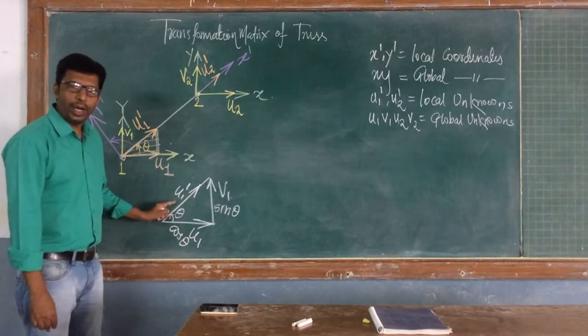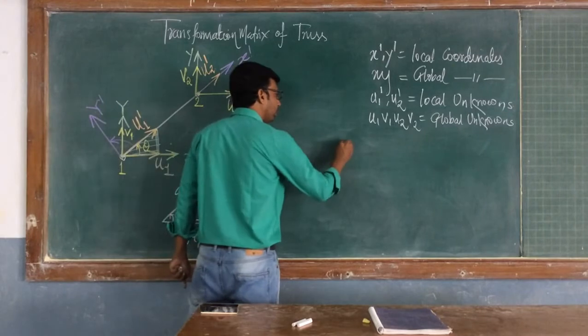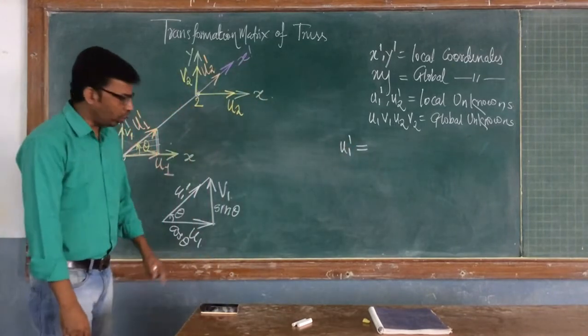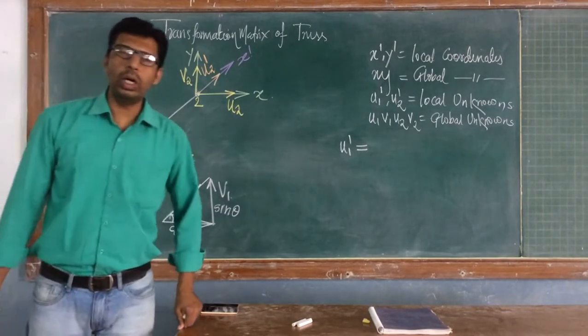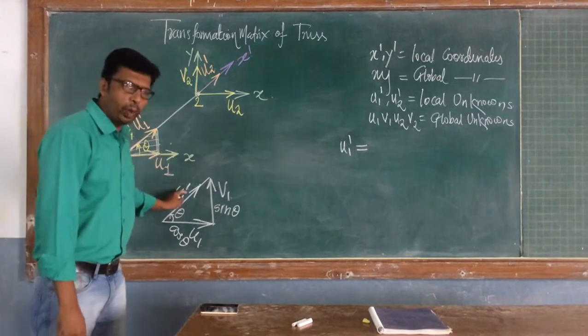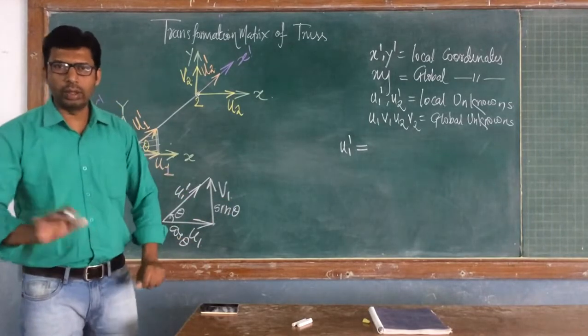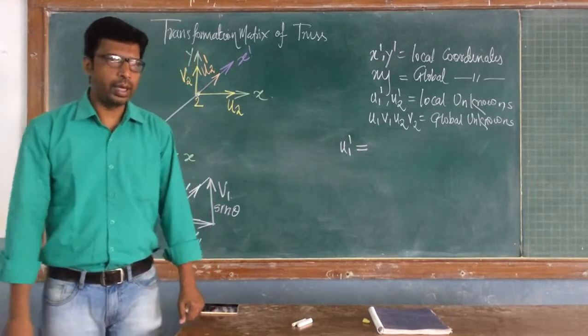Now if you want to write down the value of this u1 dash, u1 dash is equal to, it is a vector. Remember, it is not a triangle for applying that the square of the diagonal is equal to the sum of squares of these two sides. It is wrong. It is a triangle representing three vectors.